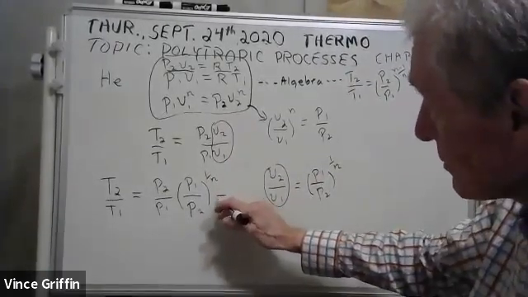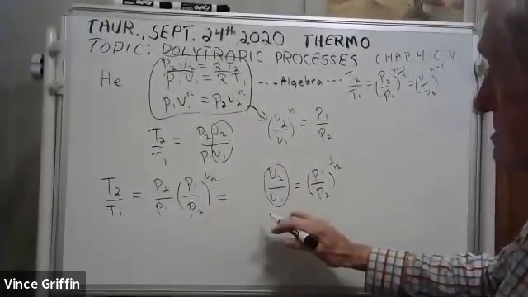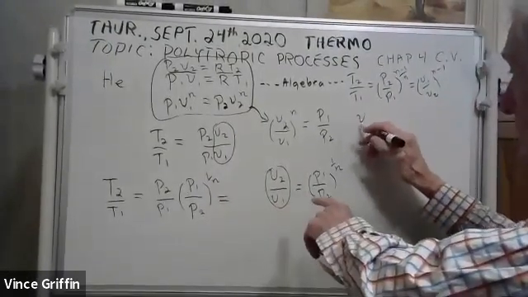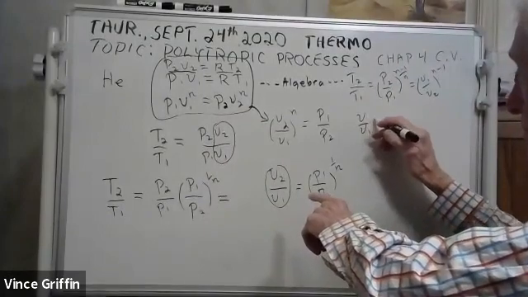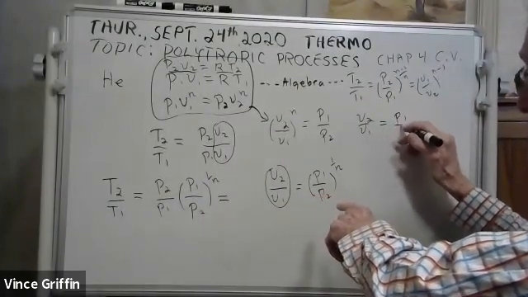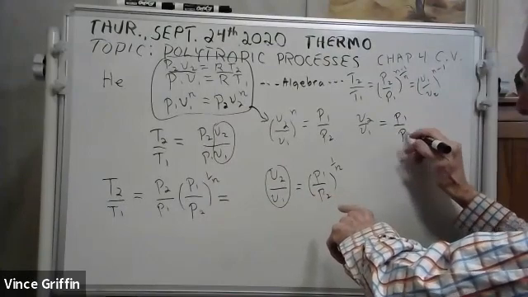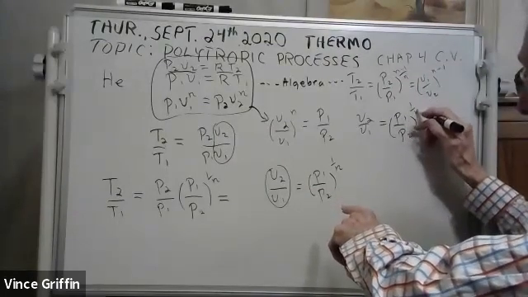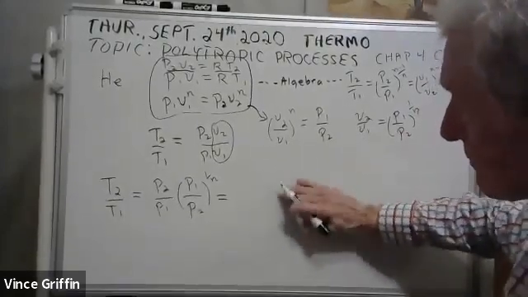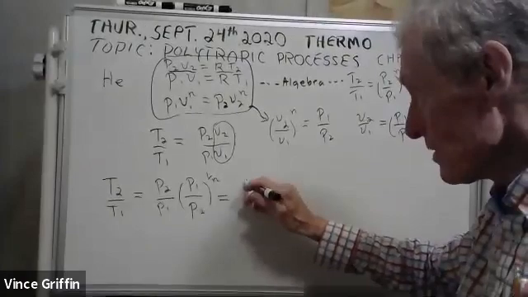Here's what I'm going to do now. I need a little room. Let me shove this up here, I just need the room. I'm going to write this like this.